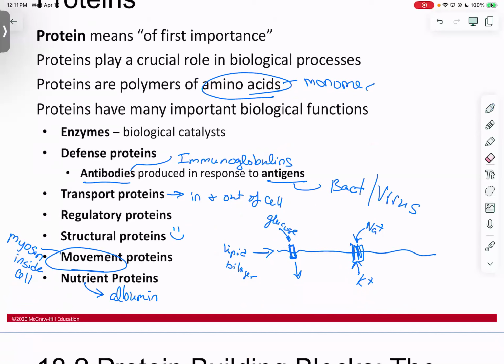In milk, it's the casein. That gives protein to the developing mammal.